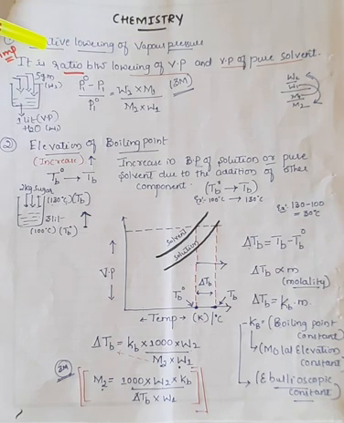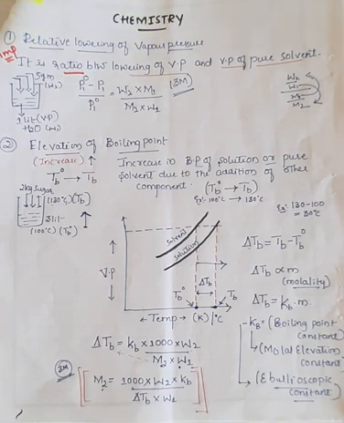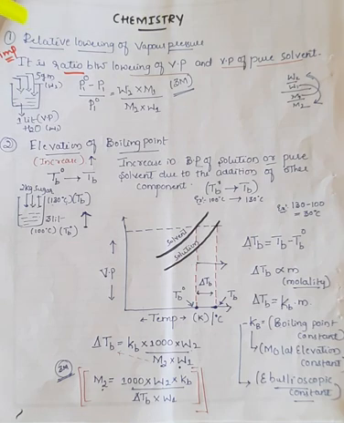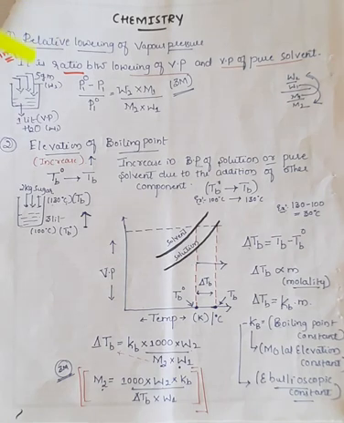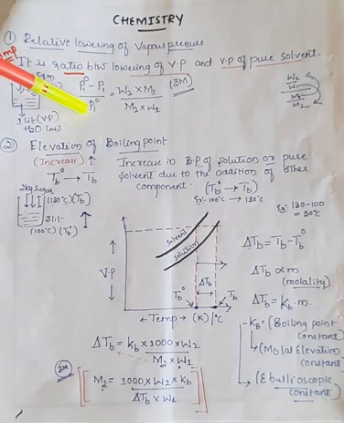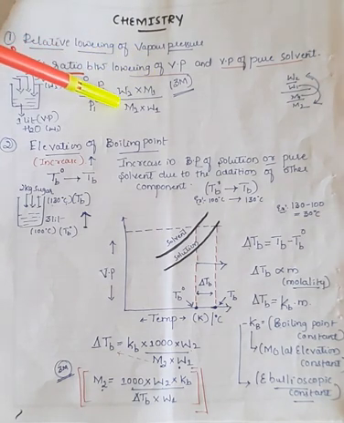Divide this phrase. One is relative, second one is lowering, third one is vapor pressure, right? Relative means comparison value, so that is comparison in the value. Lowering means decreasing, and third one is vapor pressure. You already know that. So whenever you explain the relative lowering of vapor pressure, there is one formula for the calculation, and that can be given as P1 naught minus P1 divided by P1 naught, that is equal to W2 into M1 divided by M2 into W1.